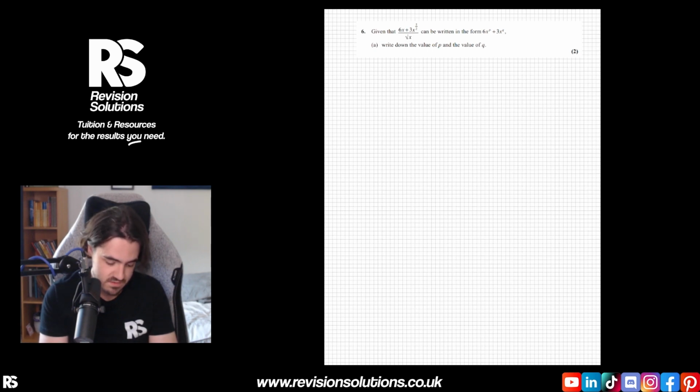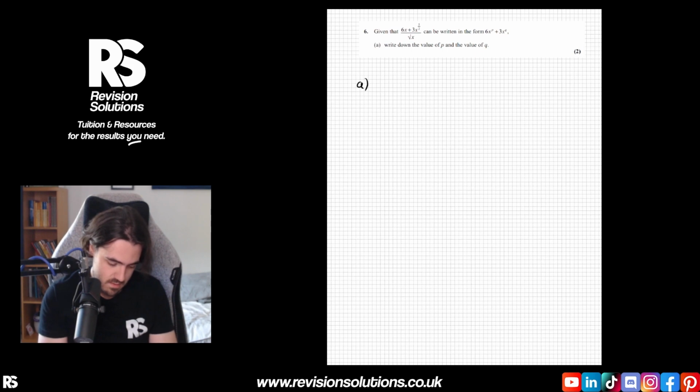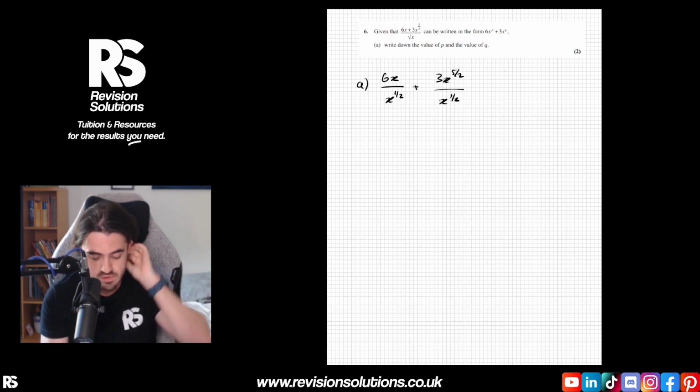So I could write this as 6x over x^(1/2) plus 3x^(5/2) over x^(1/2). And now we've just got division going on. So we can use the division rule for indices, which is just to subtract the powers.